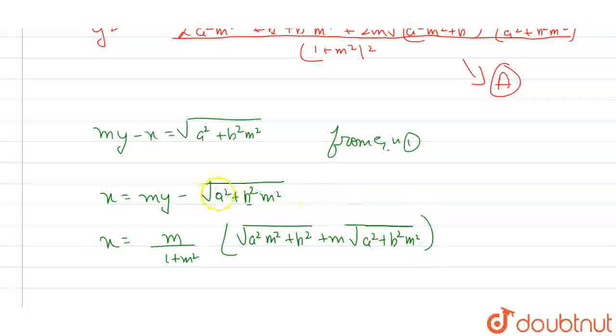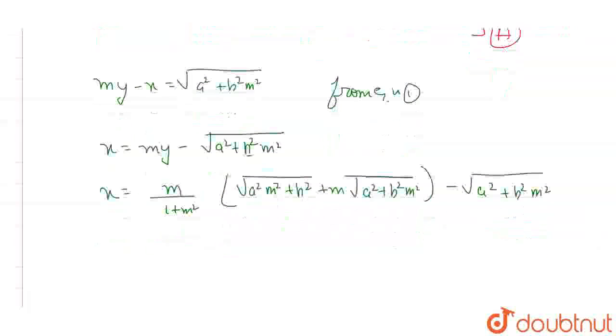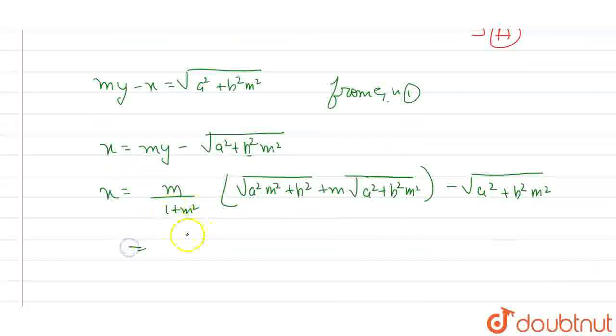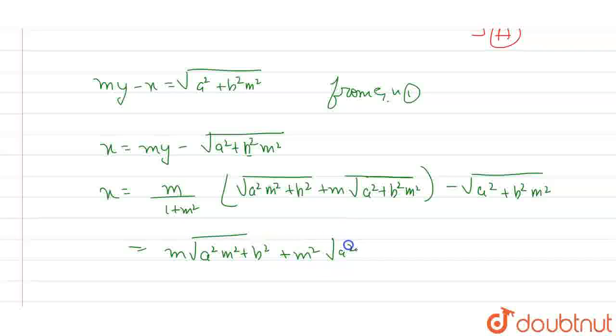And here we are left with under root of a square plus b square m square, right? If I take the LCM and multiply both sides with m, this will come out as m under root of a square m square plus b square plus m square, this one a square plus b square m square, right?